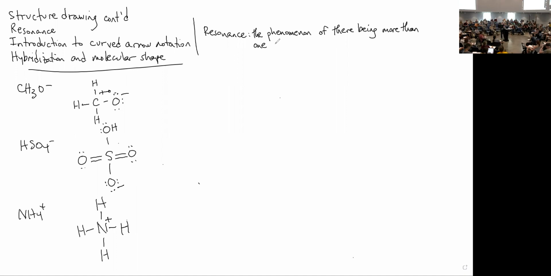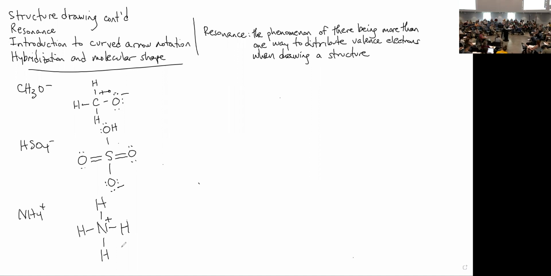The phenomenon of there being more than one way to distribute, it's getting better, valence electrons when drawing a structure. That part of the definition I'm pretty happy with. The rest pretty much sucks, if I can say that here. And it's something you don't run into with every structure, but you do run into it.